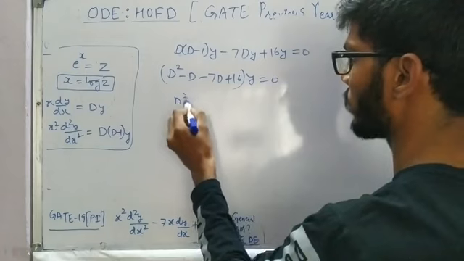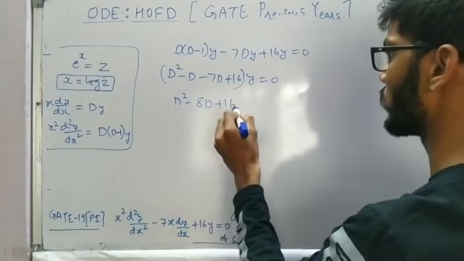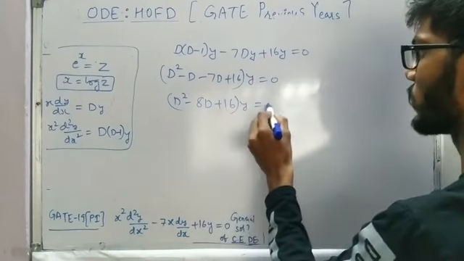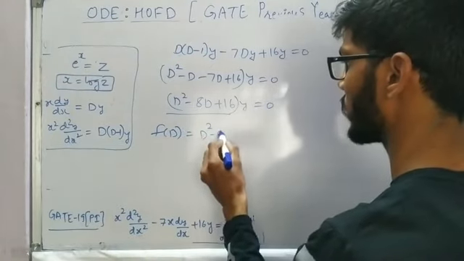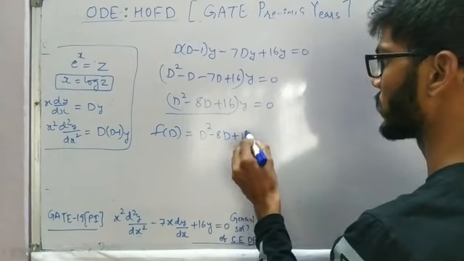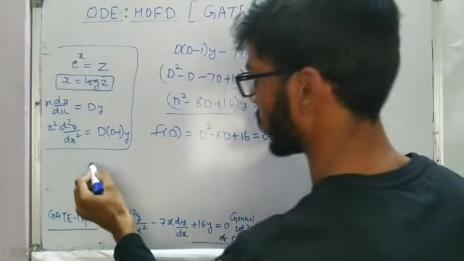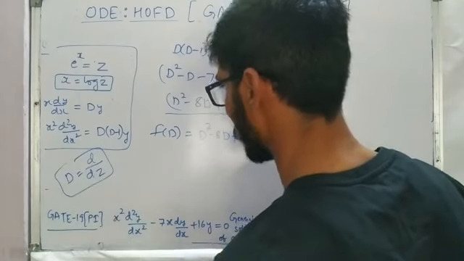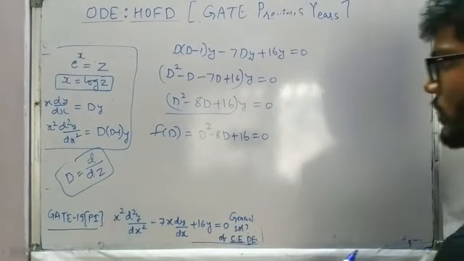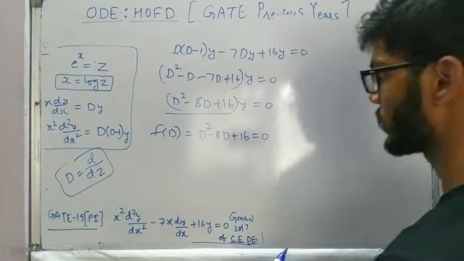So D square minus 8D plus 16 into y is equal to 0. So this is going to be our auxiliary equation. F of D is equal to D square minus 8D plus 16 is equal to 0. And also we have to keep in mind that capital D is nothing but d by dz, it is not d by dx. So the solution we are going to get in terms of e power z.